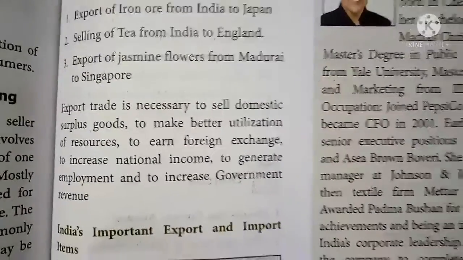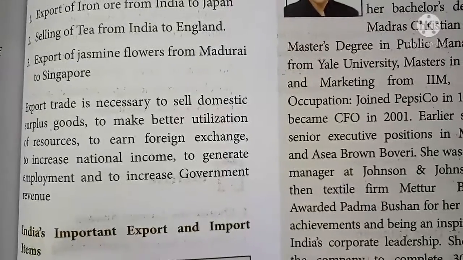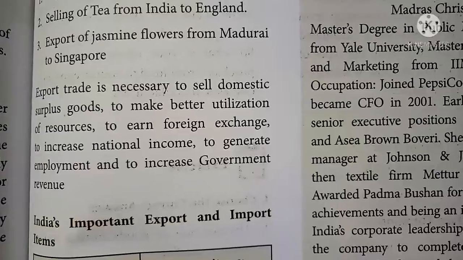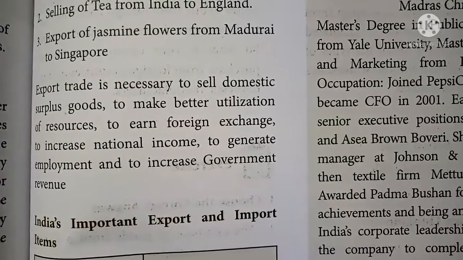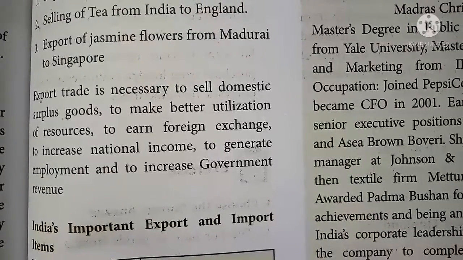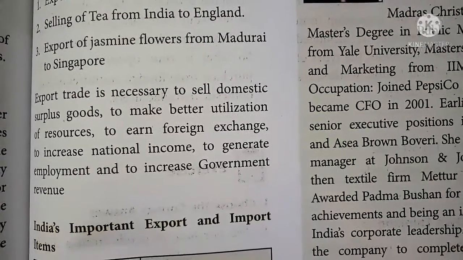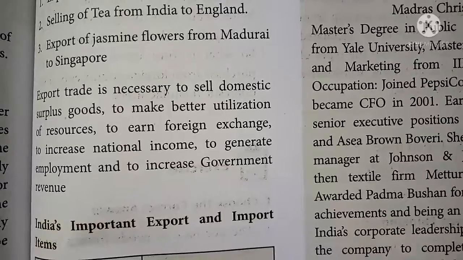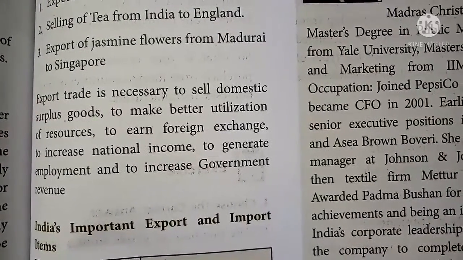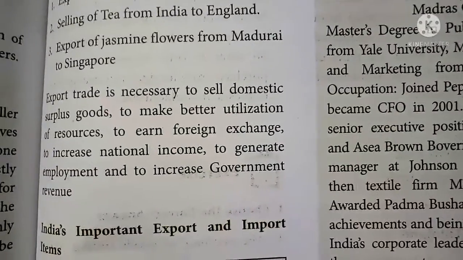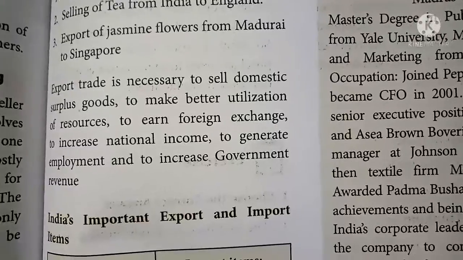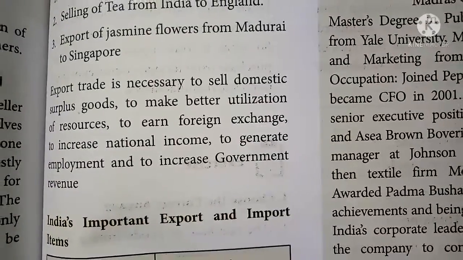Export trade is necessary to sell domestic surplus goods, to make better utilization of resources, to earn foreign exchange, to increase national income, to generate employment, and to increase government revenue. For these purposes, we sell surplus goods from our nation to other nations.